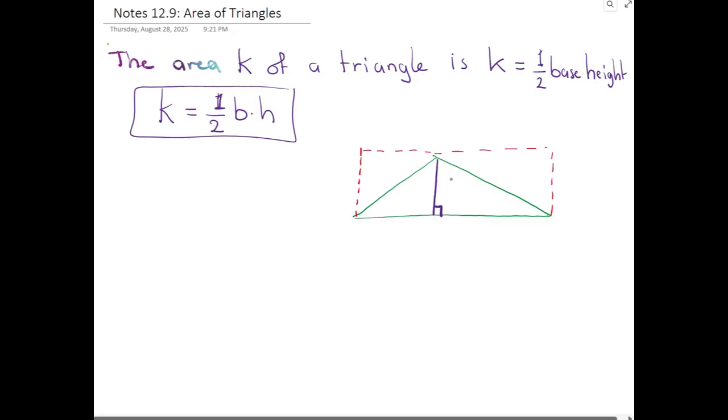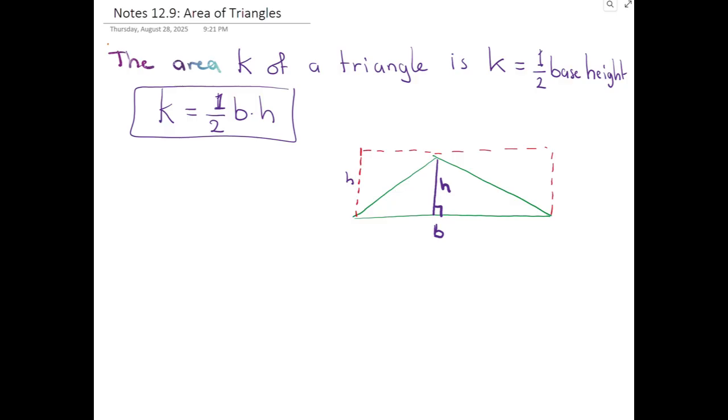Because this will be my height. But you notice that my height is always also that side, right? And then you notice that my base is going to be both sides of my rectangle there. But which sides of my rectangle are alike?